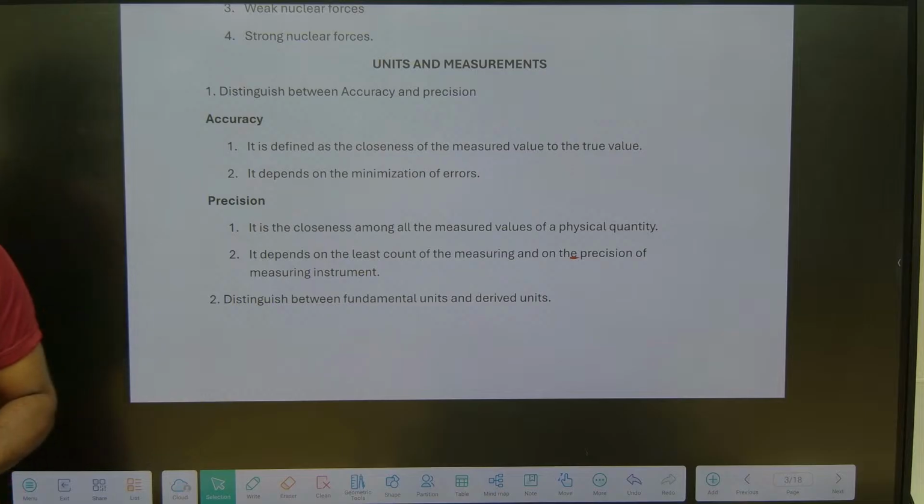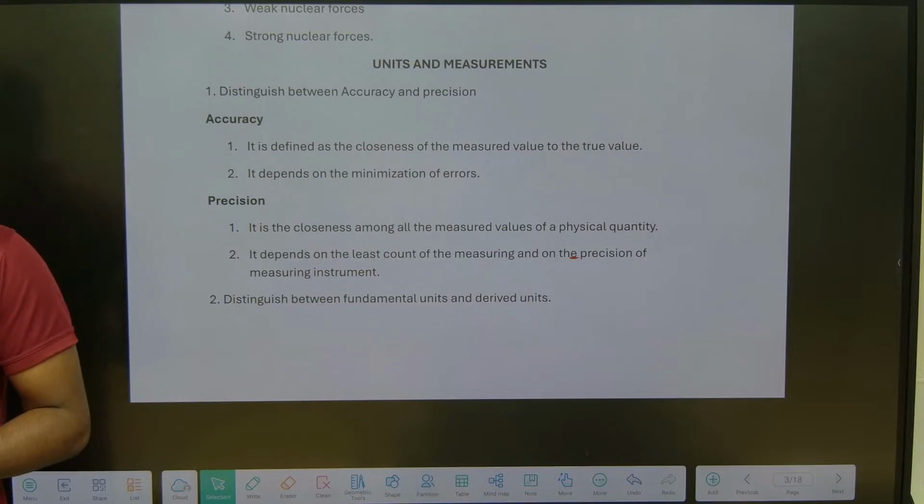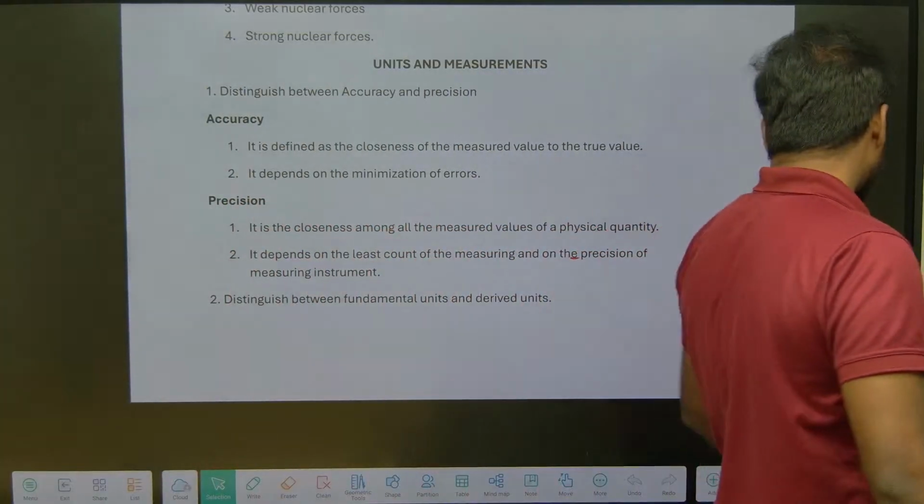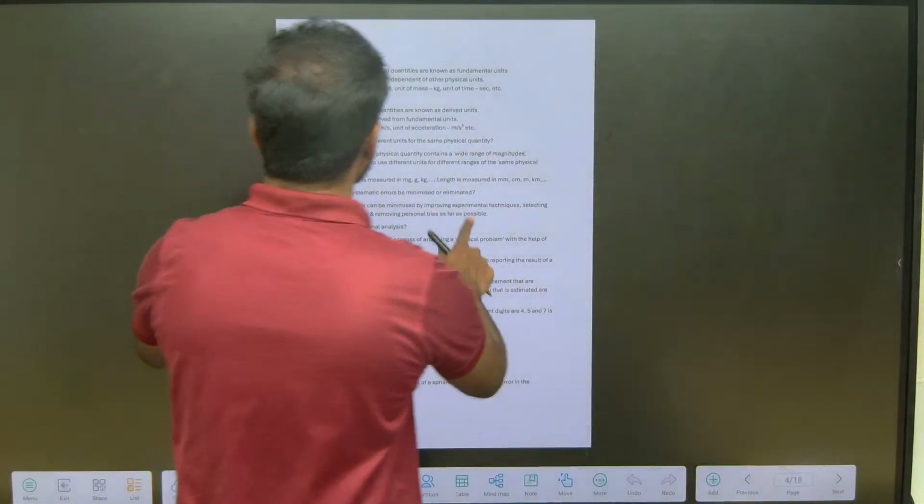Done. Can we go for the next question? So the difference between fundamental and derived units we need to know.